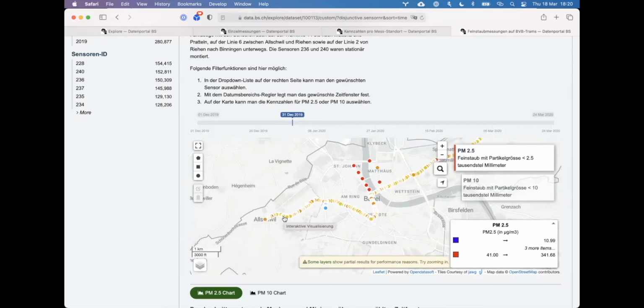If you know geography in Basel, this is probably line 6 going from Allschwil over Morgarten Ring. And here, I don't know what's going on. This is not usually the line of the 6, but maybe there was some detour. I don't know what went on here. The cool thing here is we have the colors.